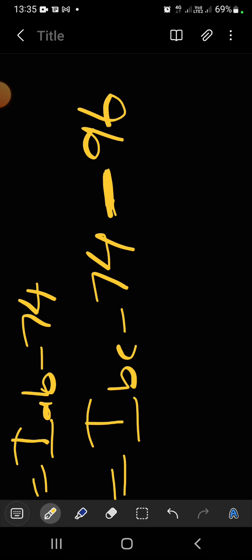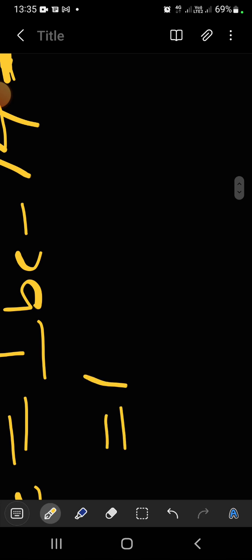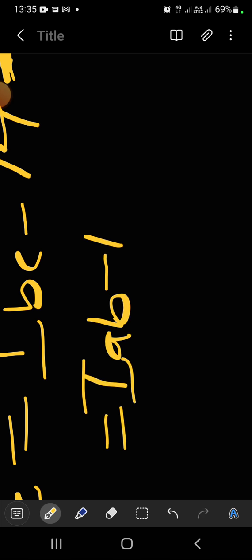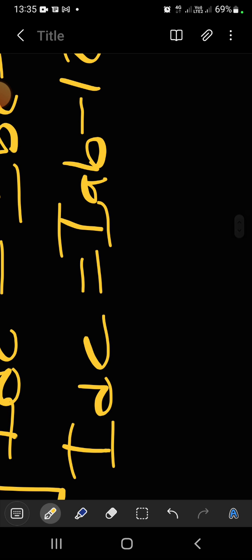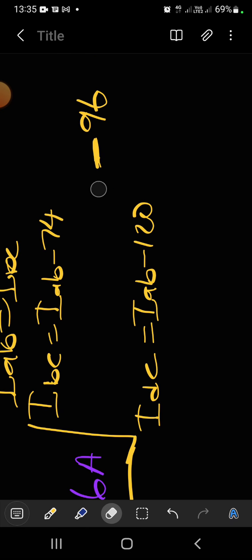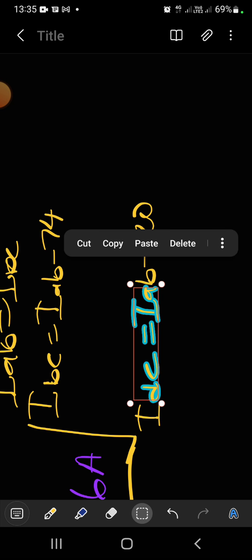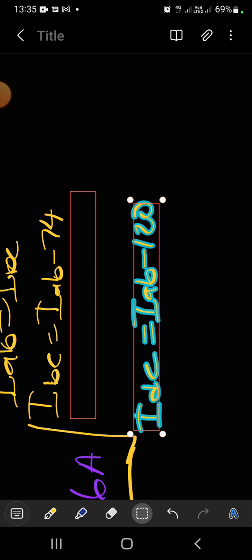Yeah. So it's equal to IAB minus 170. That is your ICD. Because I want to create space, I'm gonna erase this, and then take this and put it up here.